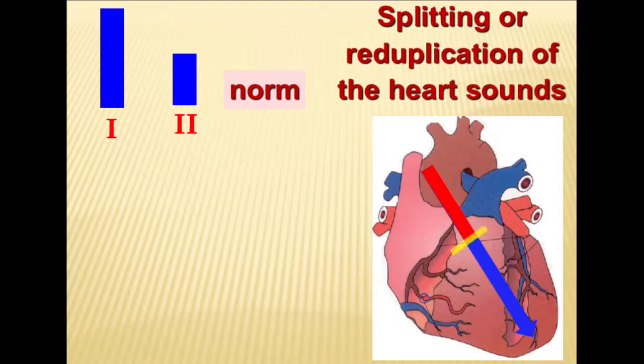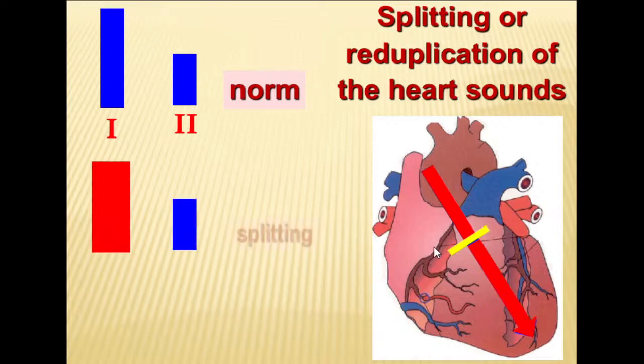If the impulse is delayed, mainly in the AV node, we will hear splitting, first of all of the first sound, because the processes of closing of the atrioventricular valve and contraction of heart muscles are separated due to the delay of the impulse in the AV node.